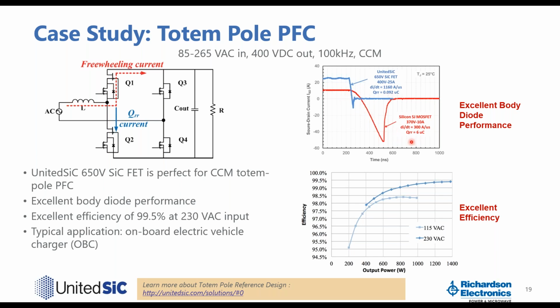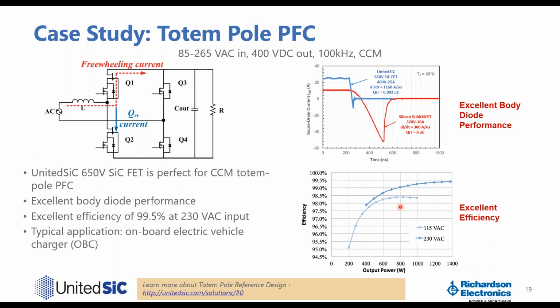For comparison, this is a silicon superjunction, and its QRR is as high as 6 microcoulomb. So this is the reason why you really cannot use silicon superjunction for this type of CCM totem pole PFC circuit. And here are the efficiency curves of the UnitedSiC 650 volt in this totem pole.